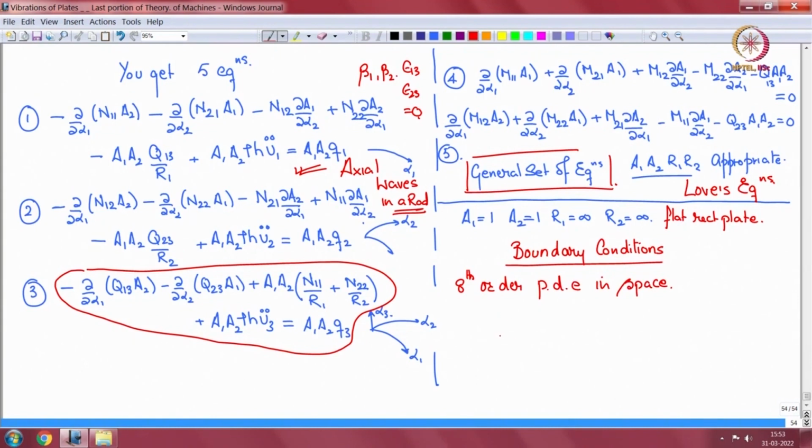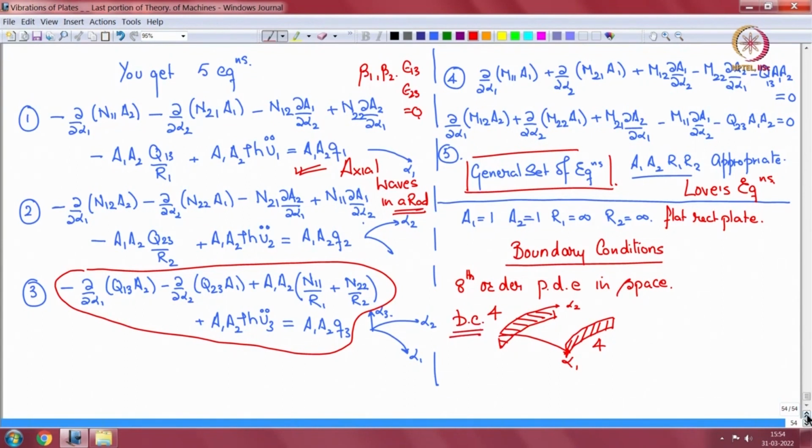And so at a given edge, this is my alpha 1, this is my alpha 2, at a given alpha 1 edge, or at a given second alpha 1 edge, there can be at most 4 and 4 boundary conditions. 4 boundary conditions.